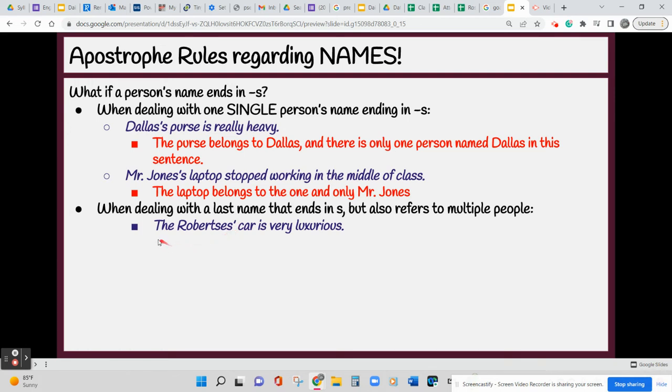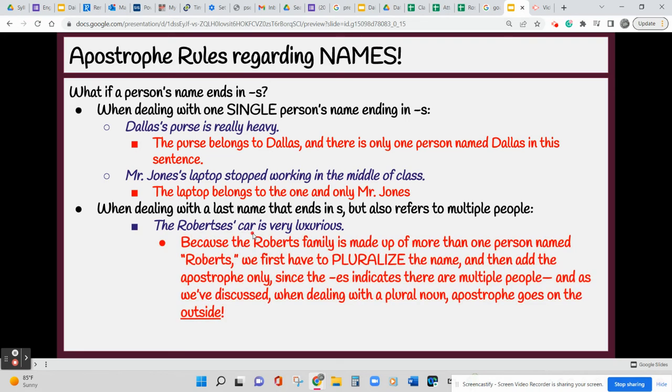So here, the Roberts' car is very luxurious. We're talking about the car belonging to a family of Robertses. Like I said already, the first step is to pluralize the name from Roberts to Robertses. You have to add on the ES.